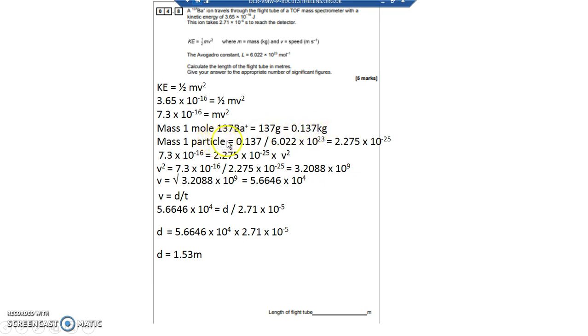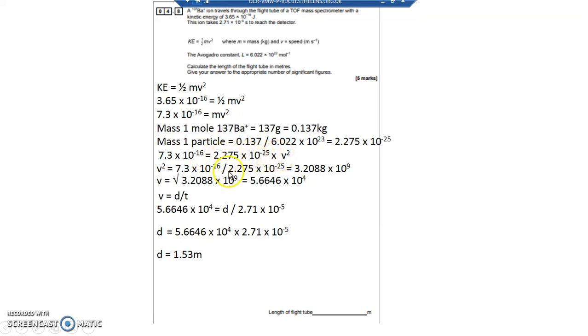I know the number of particles in a mole is Avogadro's number, so if I take this mass of a mole and divide by Avogadro's number, I'll work out the mass in kilograms of one particle, which is 2.275 times 10 to the minus 25. So I can put that in as an m value now. I've got twice my kinetic energy: 2 lots of kinetic energy equals the mass multiplied by v squared.